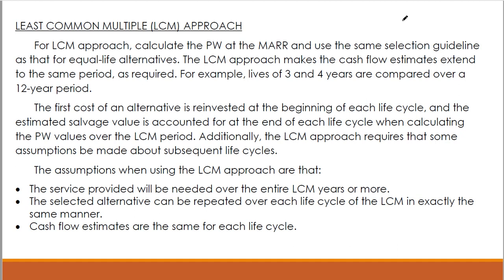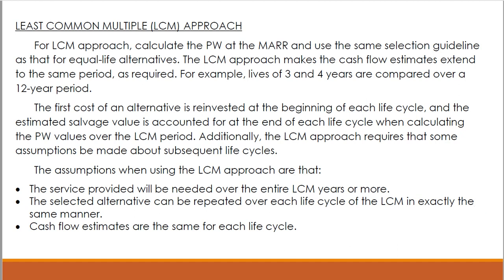When we compare them, the least common multiple of 3 and 4 is 12. So we're going to compare the two projects or alternatives in a 12-year period. So how do we do that? We have a procedure later.